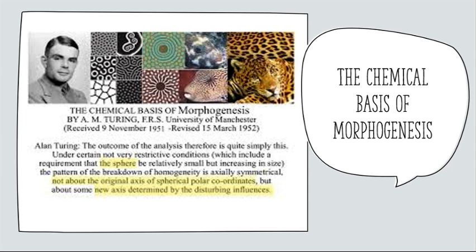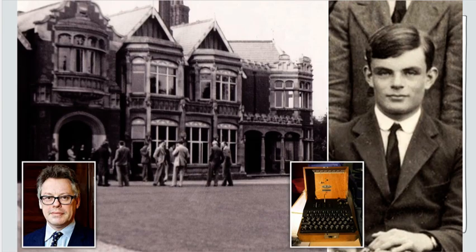He published The Chemical Basis of Morphogenesis in 1952, describing aspects of his research on the development of form and pattern in living organisms. Alan Turing used the Manchester Ferranti Mark I computer to model his hypothesized chemical mechanism for the generation of anatomical structure in animals and plants.